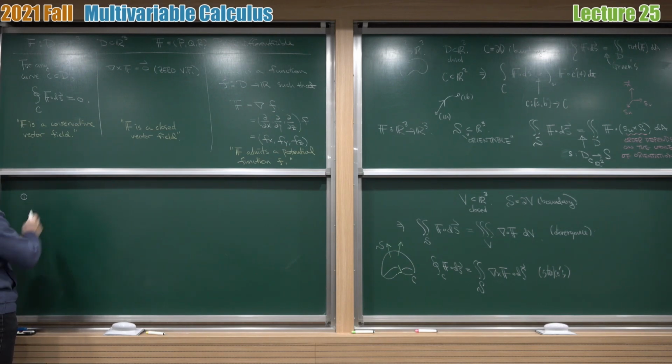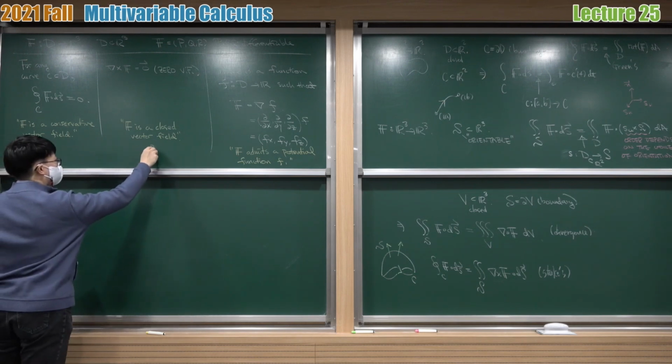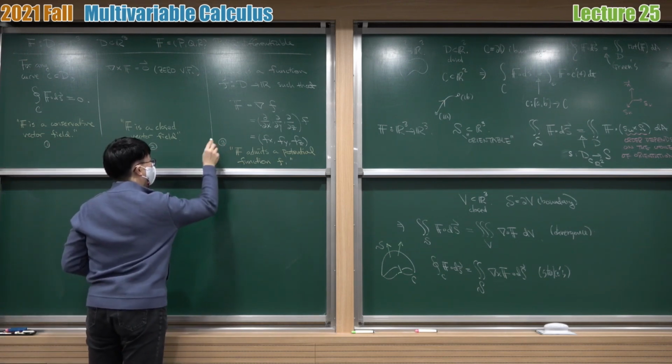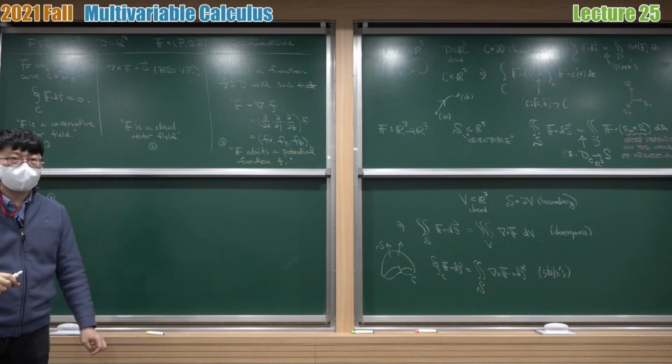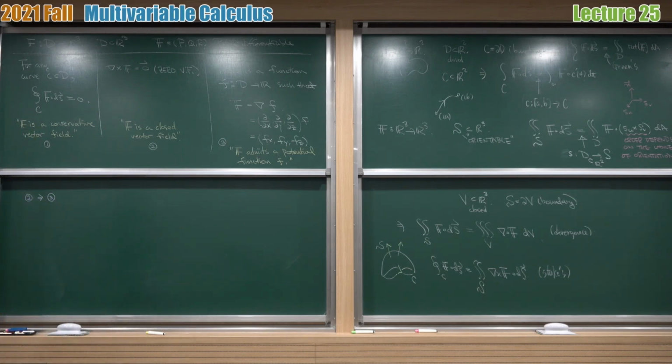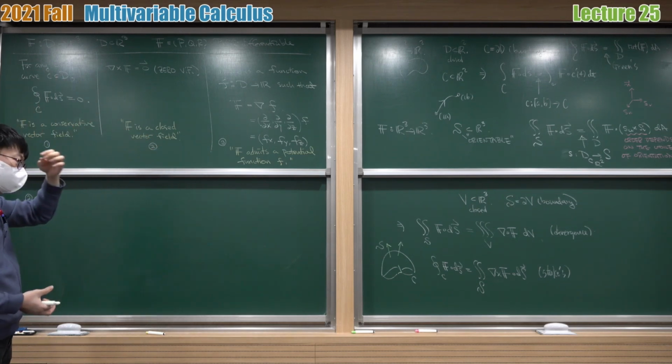So maybe I give a number here: this is 1, this is 2, and this is 3. Let's check whether 2 implies 3. As I said, 1, 2, 3 are simply conditions. I'm not proving whether 1, 2 or 3 is true, because there are vector fields that satisfy or do not satisfy all three conditions.